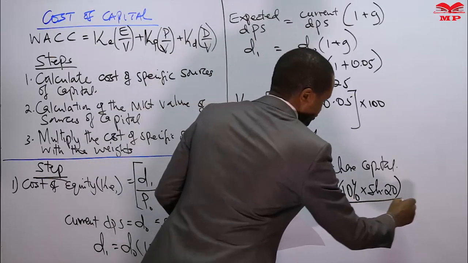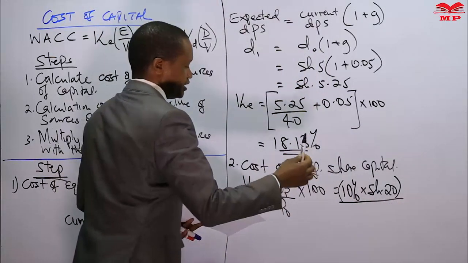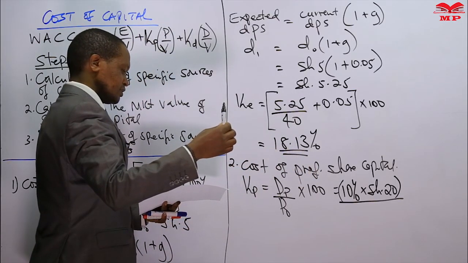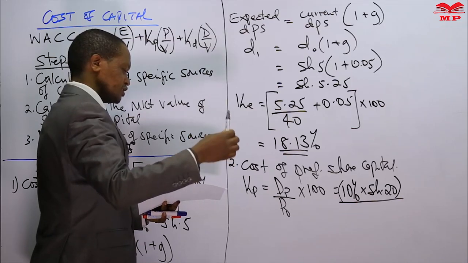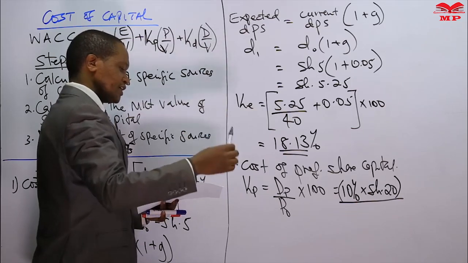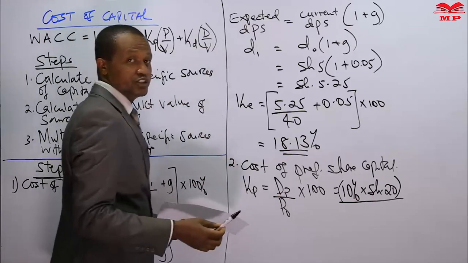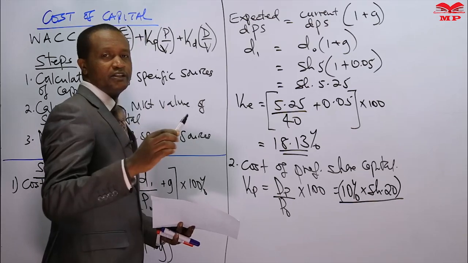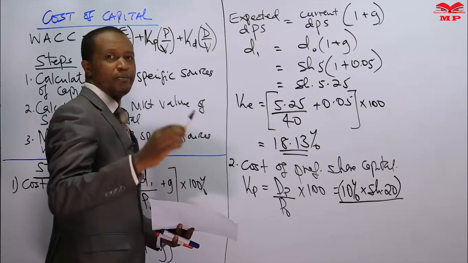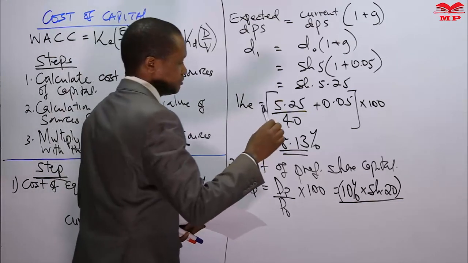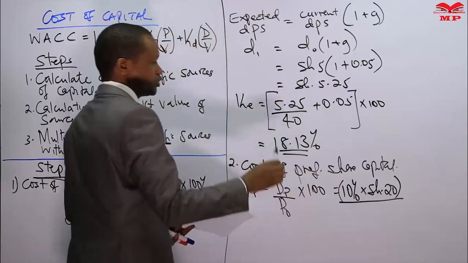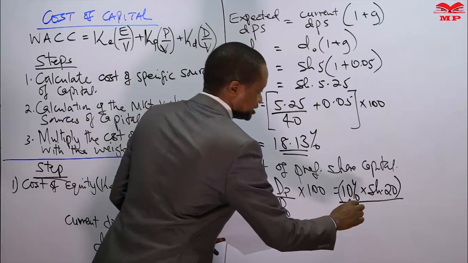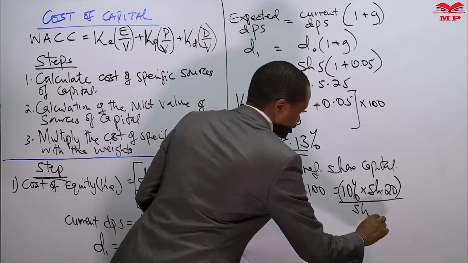And remember, in note number 2, we are told that preference shares were issued 10 years ago and are still selling at par value, which means the market price per share is equal to the par value. It was bought 10 years ago at 20 shillings and it still remains at 20 shillings.